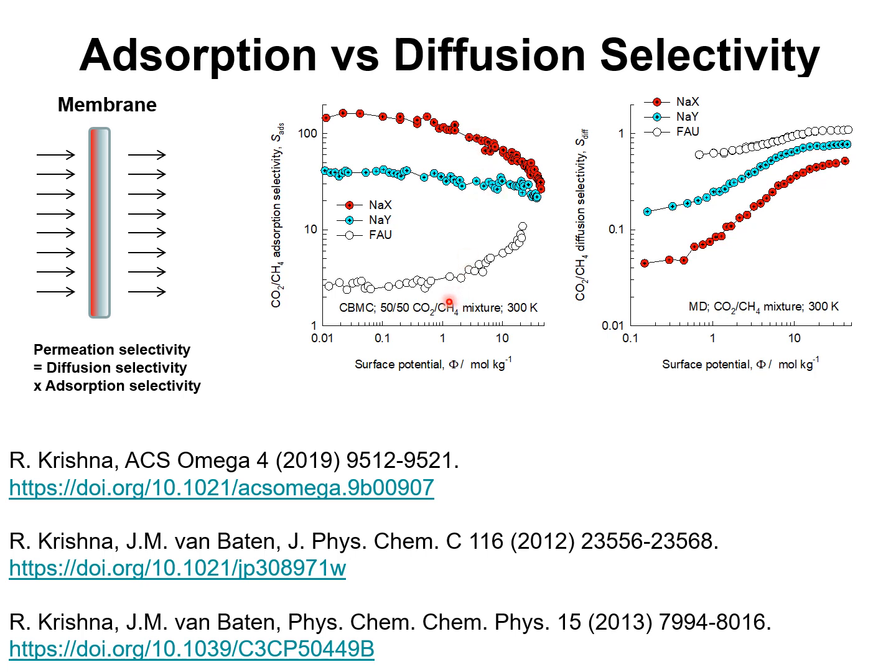With increasing amounts of extra framework sodium cations, the adsorption selectivity of CO2 with respect to methane increases by about 2 orders of magnitude in going from all silica to NaX that contains 86 aluminum atoms per unit cell.